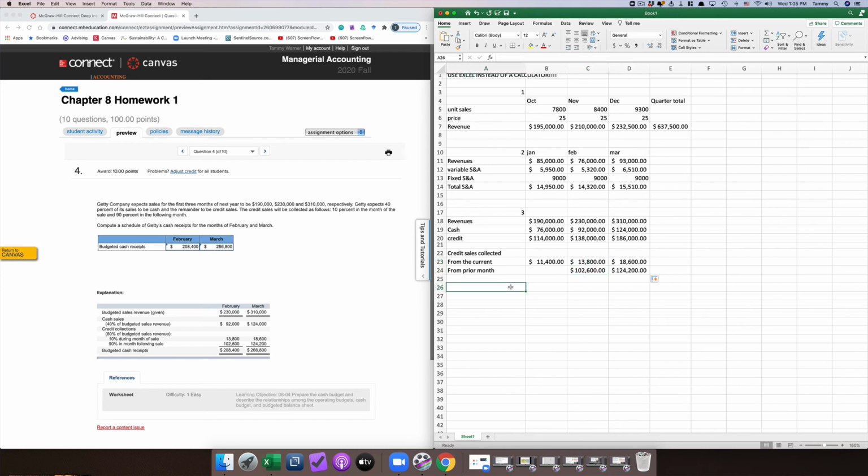So our total cash collections are going to be this month's cash plus the credit sales collected this month plus the credit sales from last month. Because it will say collected now from last month, from prior month.